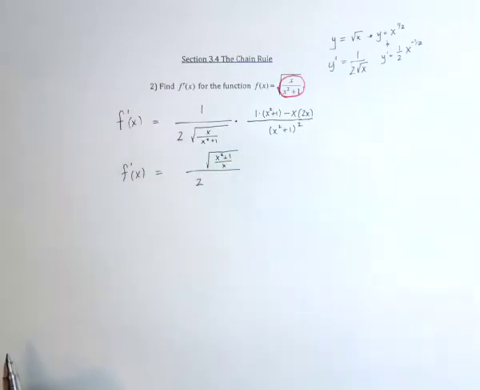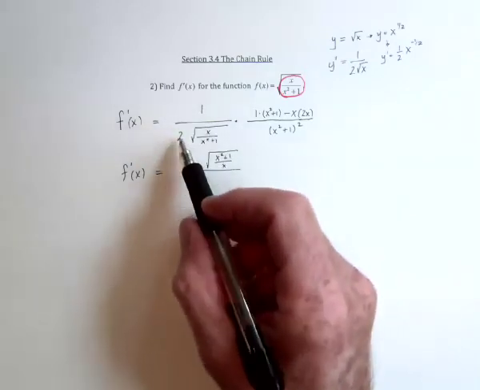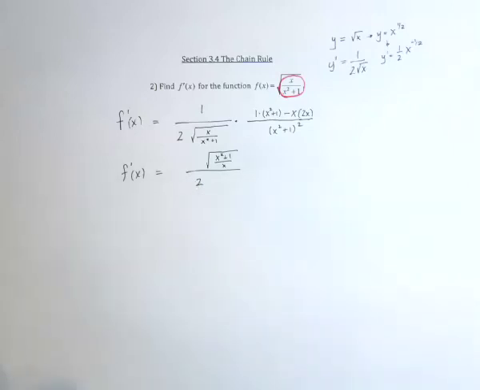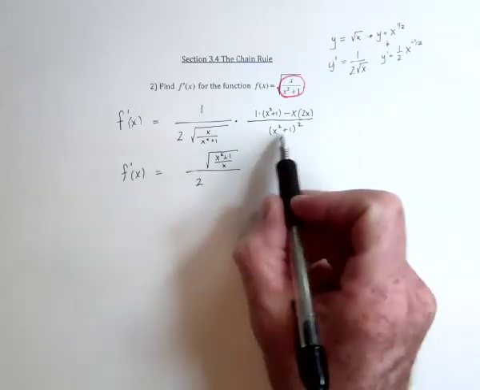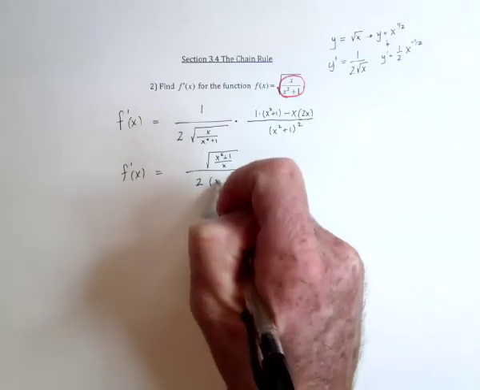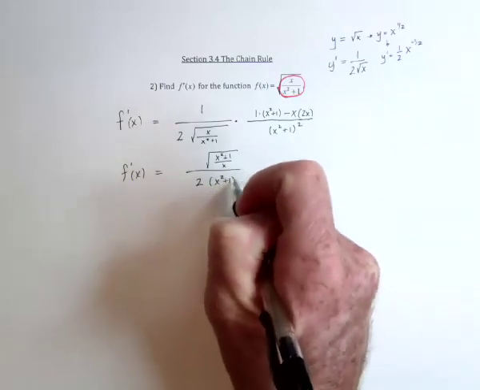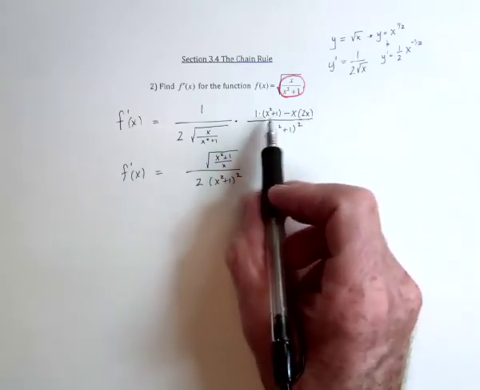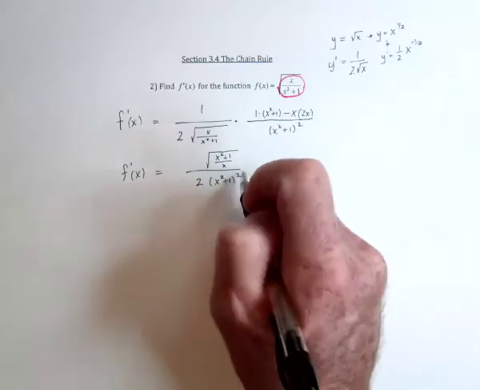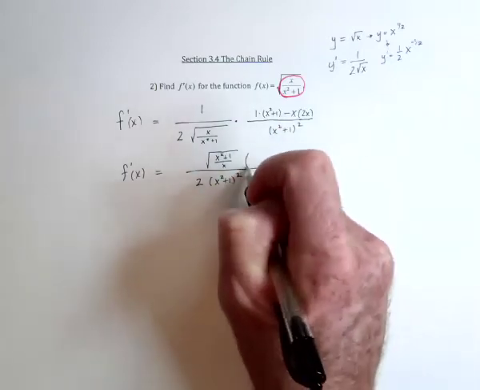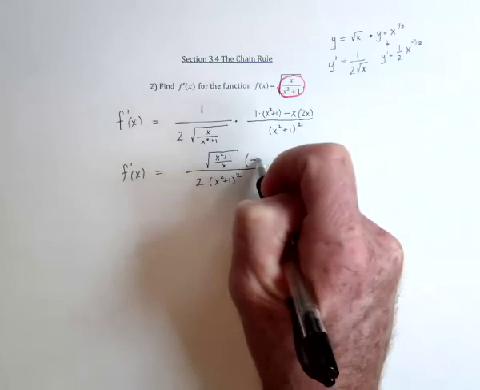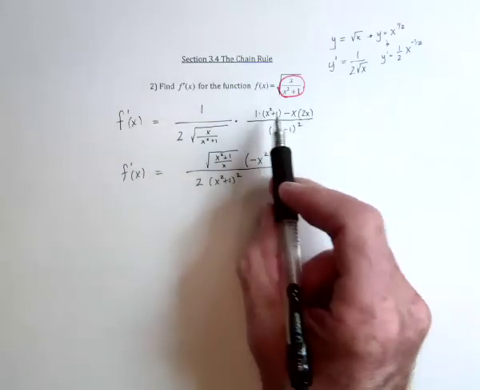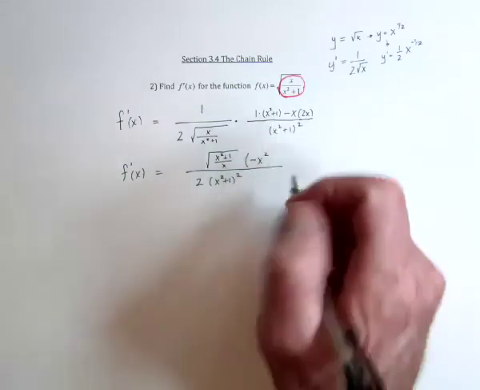The 2 would still stay in the denominator, because if I inverted it, it would be a 1/2, and that's essentially what I already have. And then this is also in the denominator. And finally, this is also in the numerator. So you've got an x squared minus 2x squared, which is negative x squared, and then a positive 1.